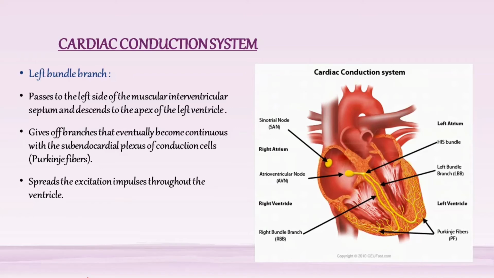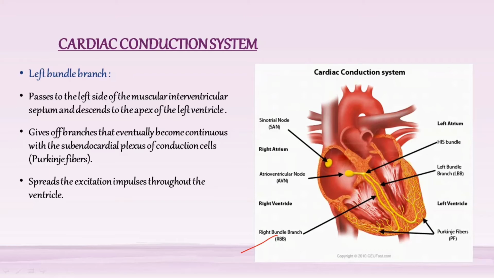Then the left bundle branch, which passes to the left side of the muscular interventricular septum. Look at the picture. This is the left bundle branch, which passes through the left side of the muscular interventricular septum towards the apex of the left ventricle. It gives off multiple branches which become continuous with the Purkinje fibers, which are also called the subendocardial plexus of conduction cells.